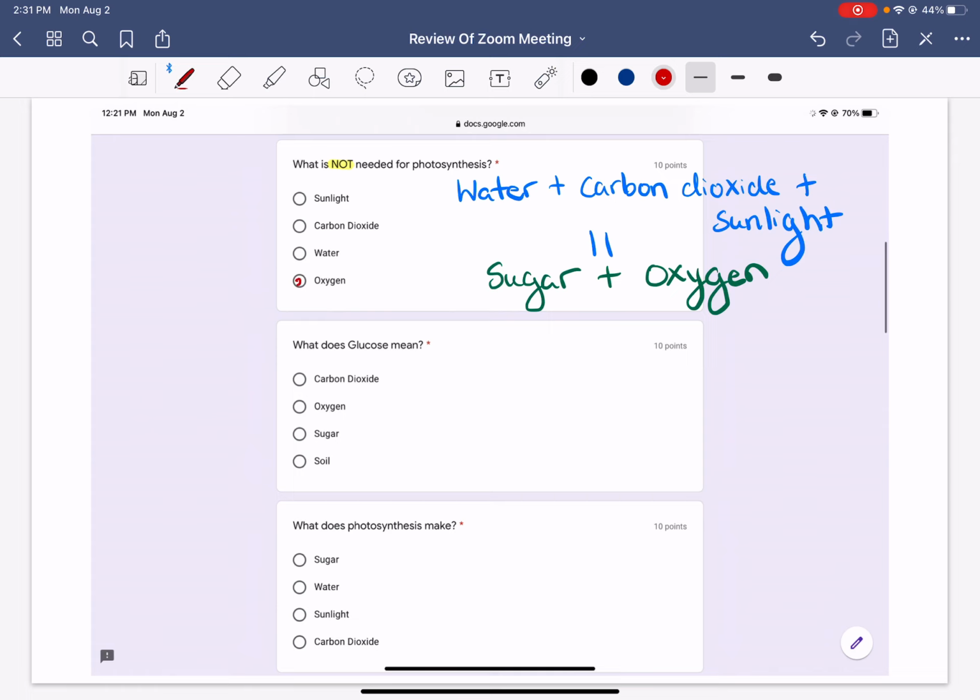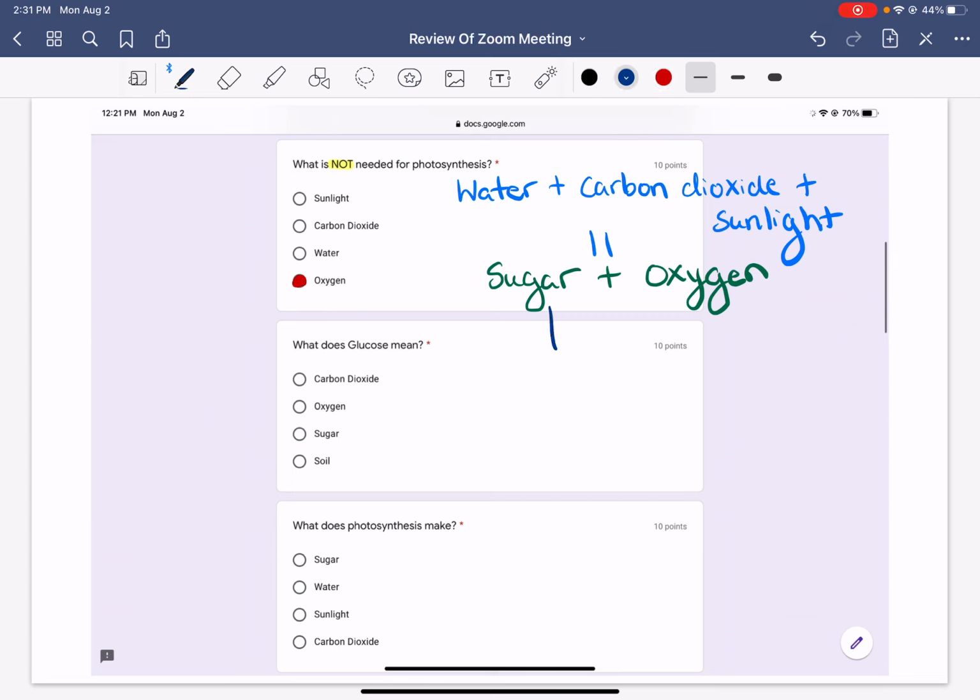So, we're going to circle oxygen. Next, what does glucose mean? Sugar is the same as glucose.